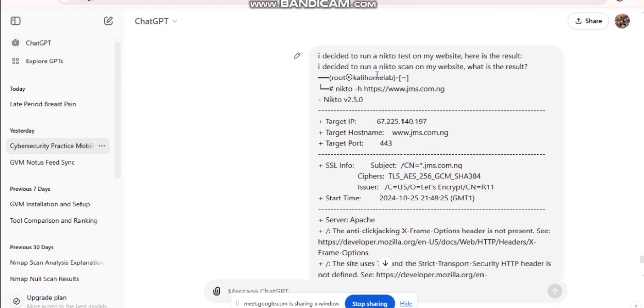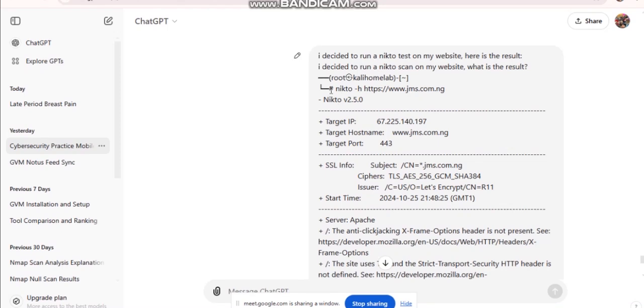So what I do is I feed it the prompts of what I am doing and what I'm expecting, and it does that robust text or log reading and brings out the stuff that would have taken me lots of time to go through.